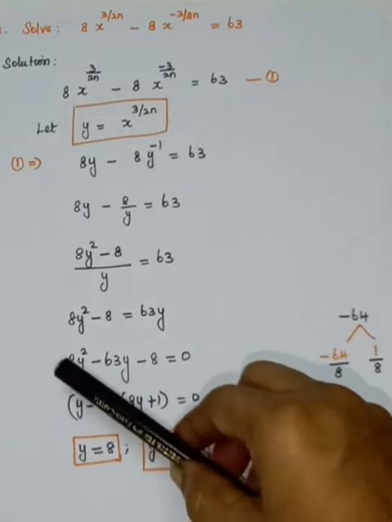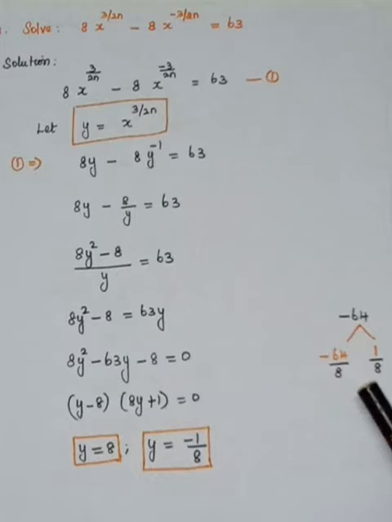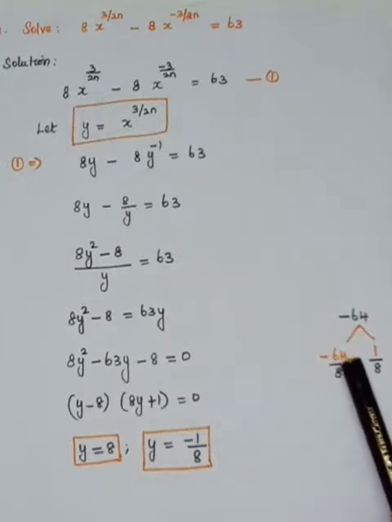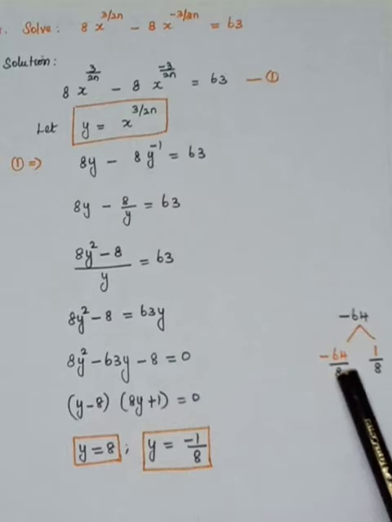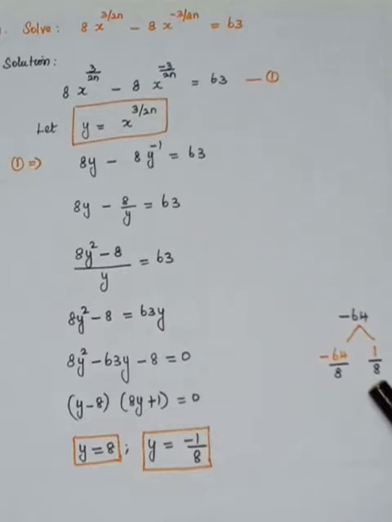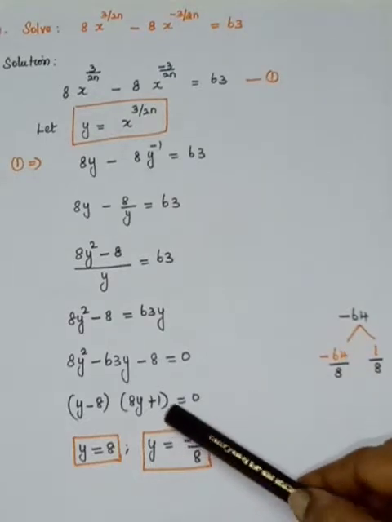Here, because of the coefficient 8, that number has to be divided by 8. So minus 64 by 8 and 1 by 8 will come. So 8 and 64 get cancelled. So in the numerator you are having minus 8, in the denominator you will have 1. So therefore you can write y minus 8. That is the factor. Next one, 8y plus 1 is equal to 0.